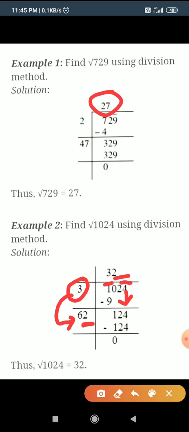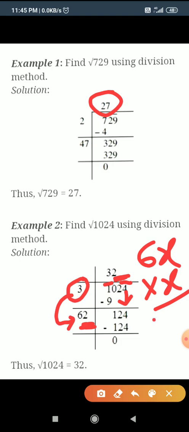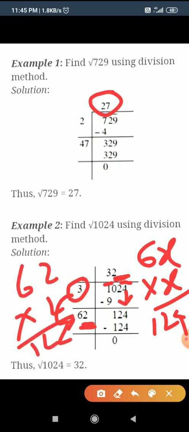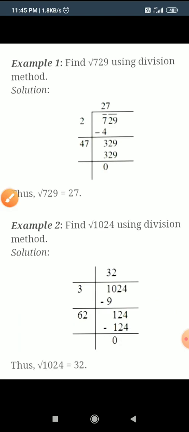You have to fill this blank. Both digits, this one and this one, will be the same. So let 6x into x be 124. What you will observe here is that when you take x as 2, 62 into 2 is 124. After subtracting, you will get remainder 0. So the square root of 1024 is equal to 32.